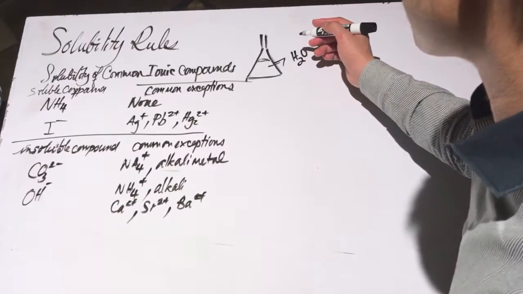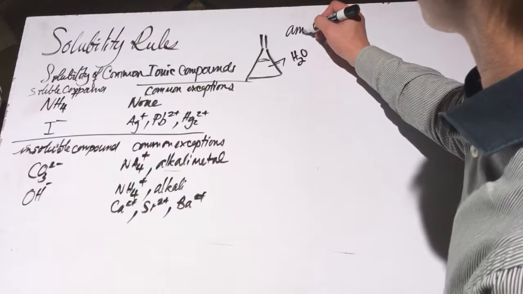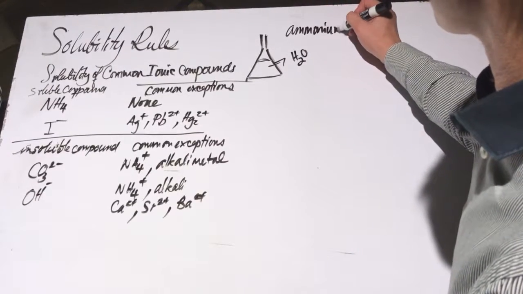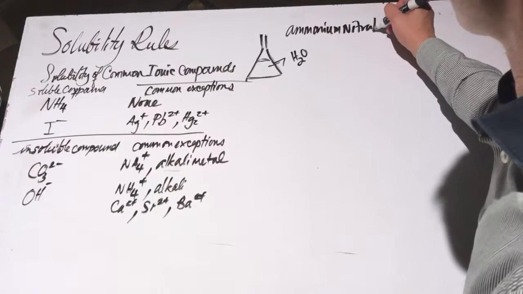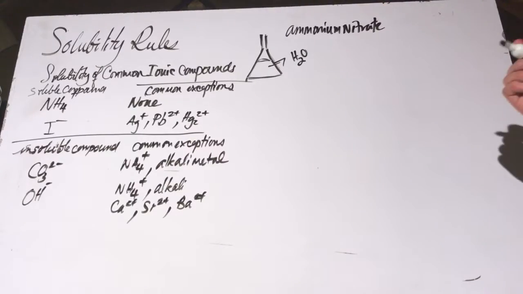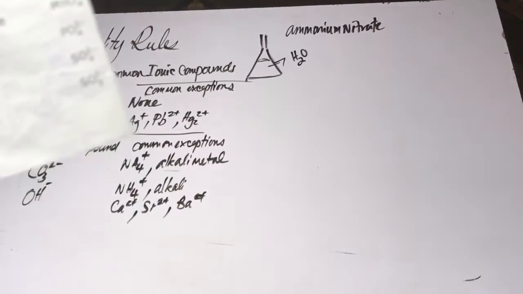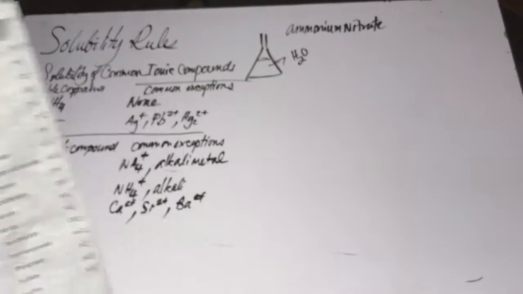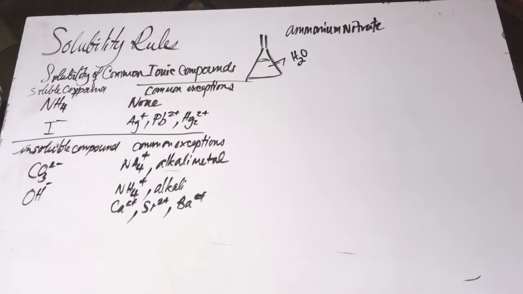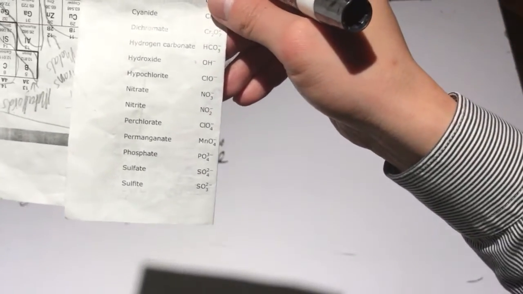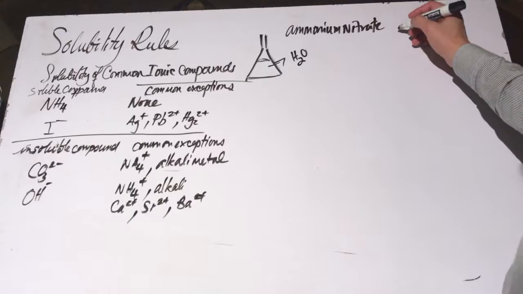For this one, I'm going to give you ammonium nitrate for you to figure out what the chemical formula is. When I go back to my periodic table, the polyatomic ions at the back right here, I can see the name ammonium. Also, I can locate where nitrate is at the very bottom. You're going to have to use crisscross.